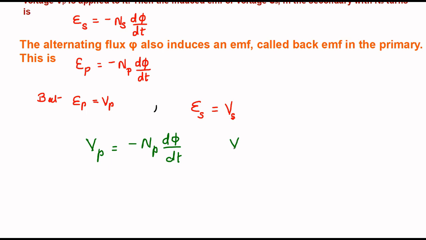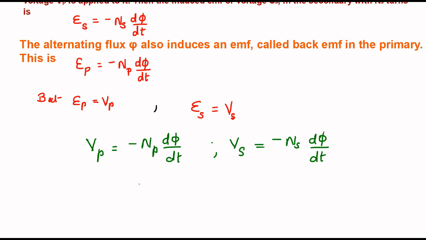Similarly, Vs is equal to minus Ns d phi by dt, since d phi is the change in flux in dt time in both the coils, primary and secondary. No flux leakage happens here.